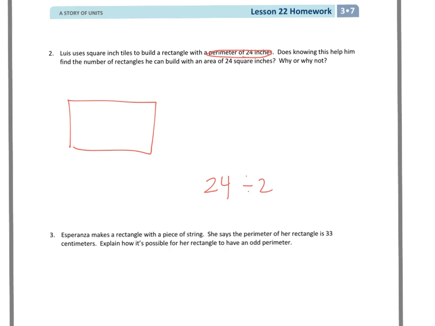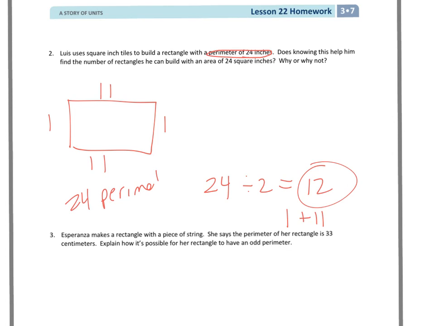We want to divide it by 2 to get our 12. And that's where we can build our addition statements off of. So if I do 1 plus 11, that's going to get us 24 as a perimeter. But it's going to get us 11 as our area.